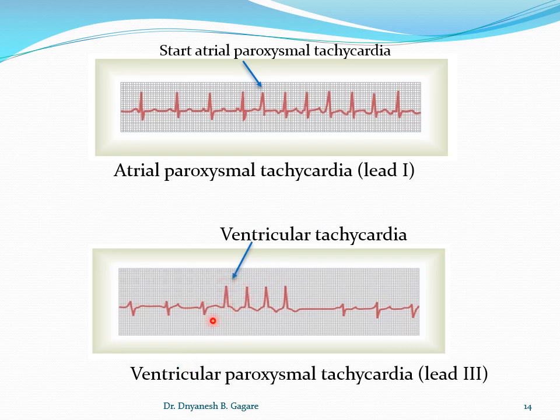The second ECG here is an example of ventricular paroxysmal tachycardia, where the rate of ventricular contraction is increased, from this point to this point. It is a ventricular tachycardia.